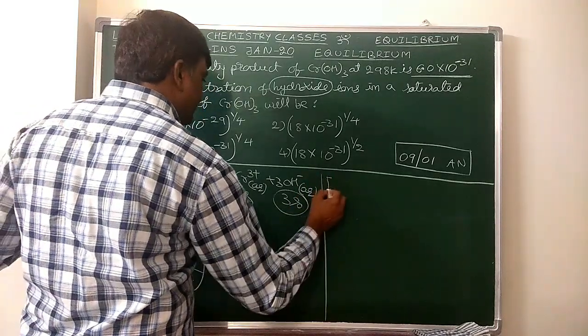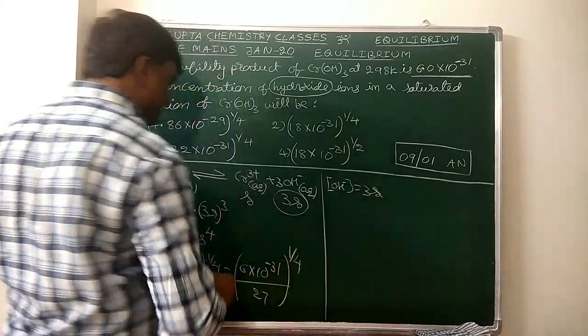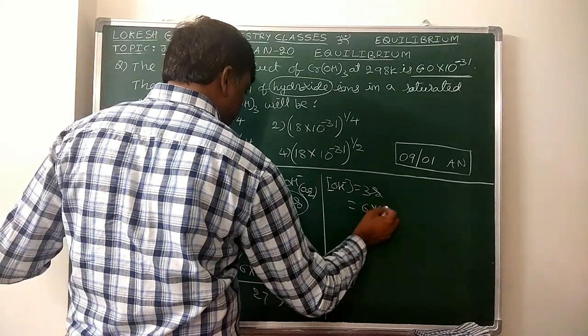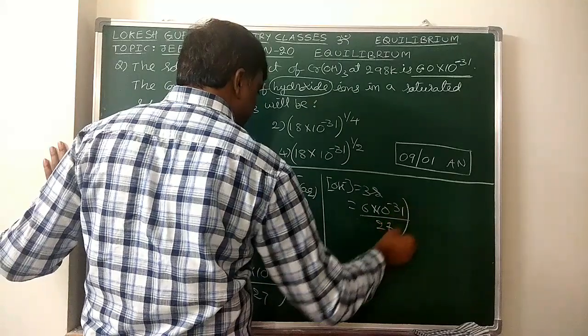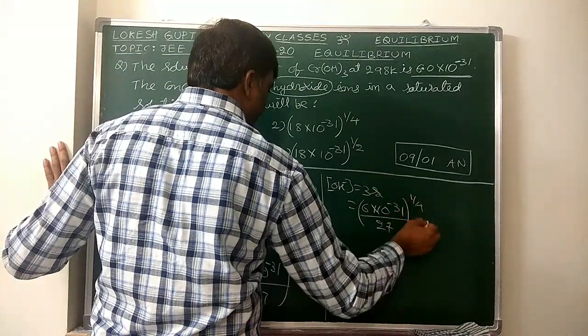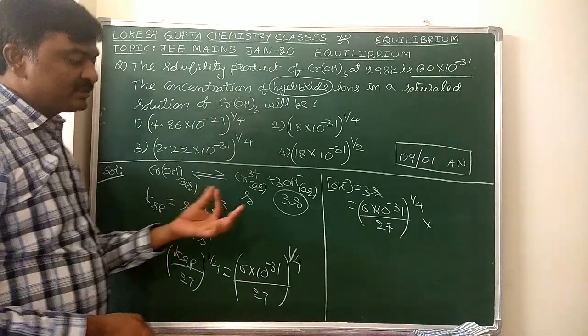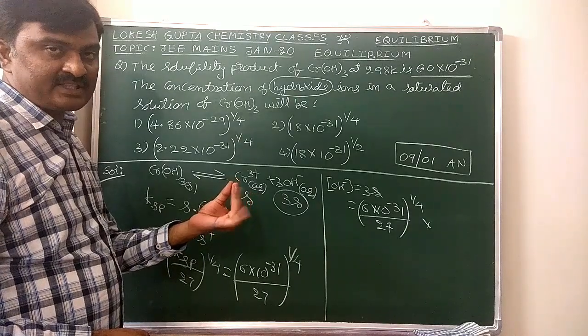Now the molar concentration of OH- equals 3S. So the S value is (6 into 10 to the power minus 31 by 27) to the power 1 by 4, into 3. You can write 3 as, see, 3 squared is 9, 9 times 3 is 27, 27 times 3 is 81.